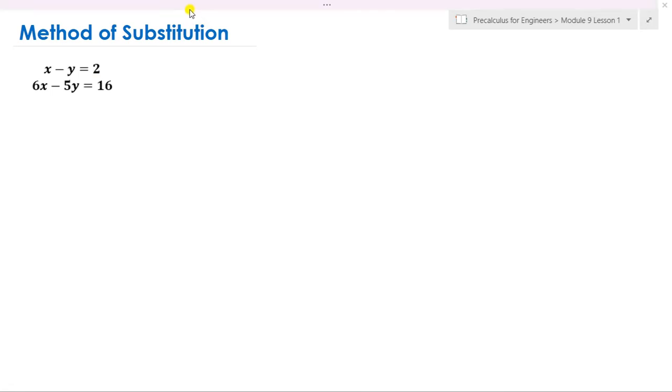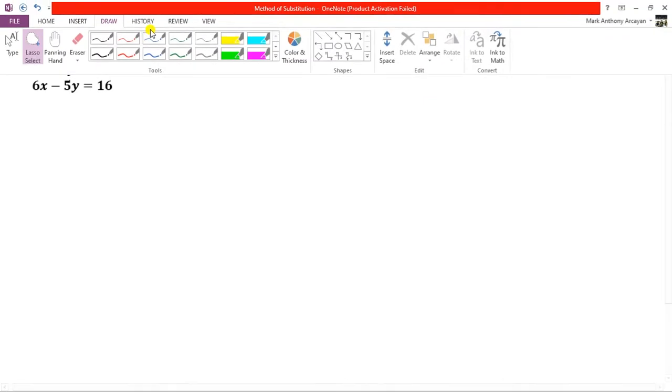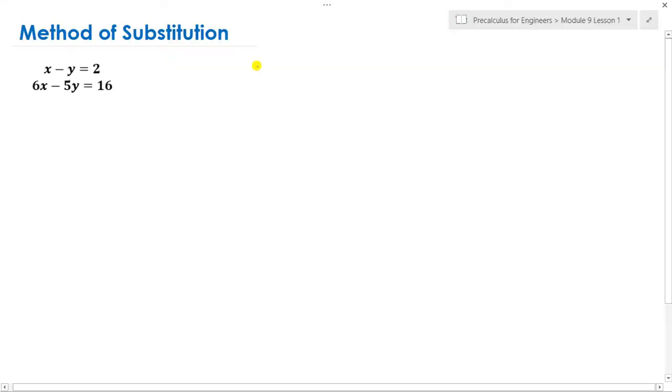So in this module and in this lesson also, we're going to deal with two types of simultaneous equation. So again, when we say simultaneous equation, these are a collection of equations that are related to each other and comprise either two or more variables.